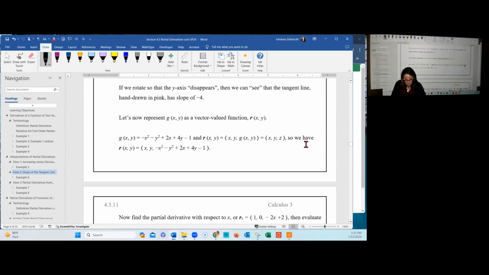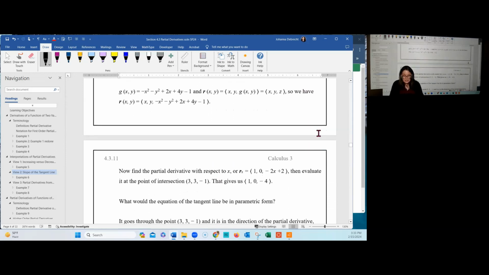So this makes it a vector valued function. When I look at that vector valued function, I want to take the partial derivative with respect to x. The partial derivative of this vector valued function will give me (1, 0, -2x + 2). Note that the -2x + 2 matches what we got when we directly took the partial derivative of g with respect to x. Now, why do I need a vector valued function?